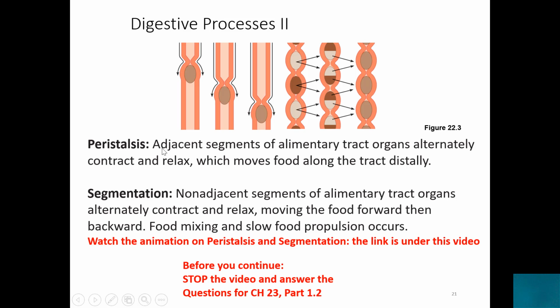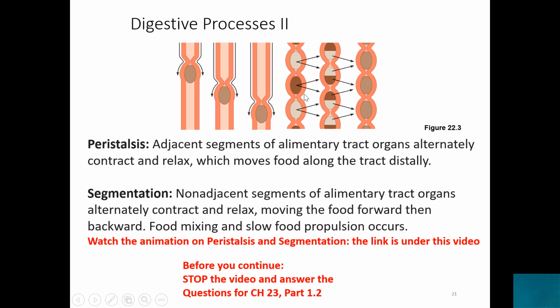Movement. Peristalsis is when adjacent segments of alimentary tract organs alternately contract and relax, and that moves food along the tract distally. For example, muscles contract right here in the small intestine and move that piece of food, bolus of food, down. Then right here, in turn, and that is peristalsis.